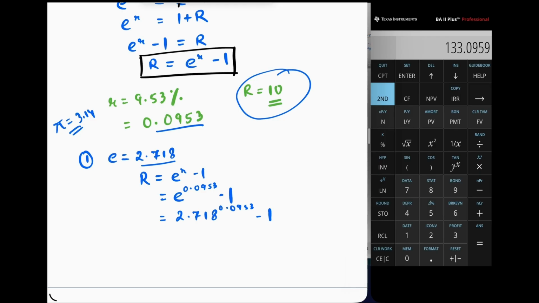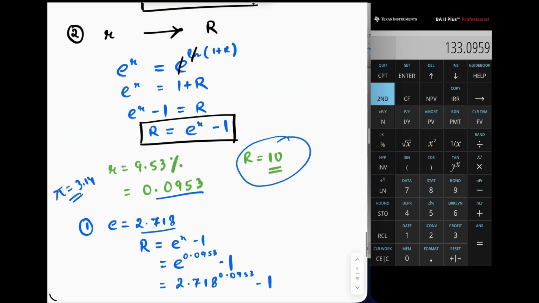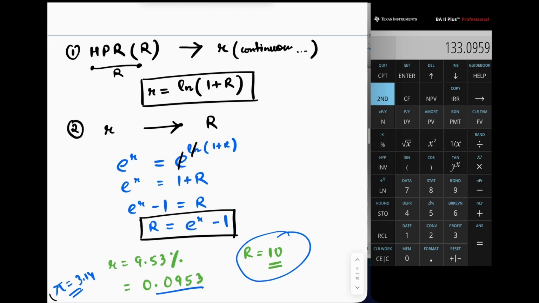Now let me tell you the formula for continuous compounding. Up till now, we have not exactly seen the formula for continuous compounding. We just have seen how from holding period return we derive continuous compounding, or from continuous to holding period return.